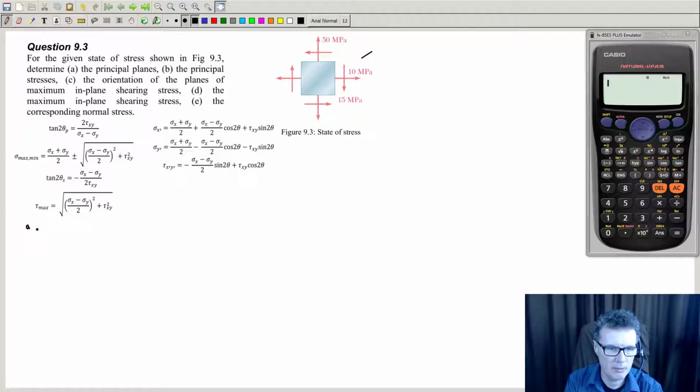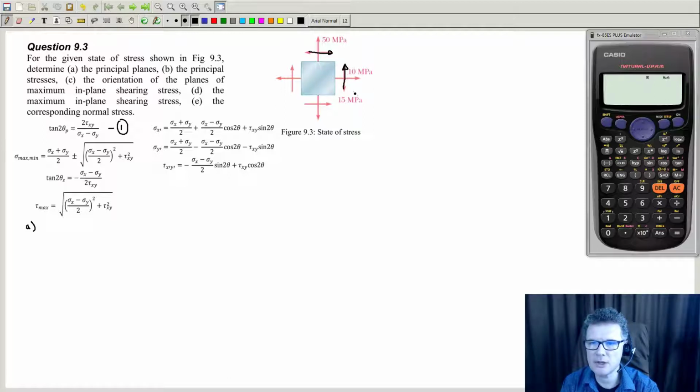So part A, principal plane, we're going to be using this equation here, number 1. Have a look at your equation of state. Get it so that all the arrows are pointing the way you want them to point.